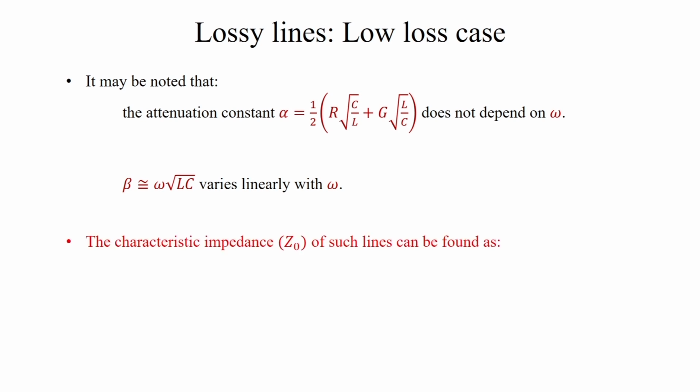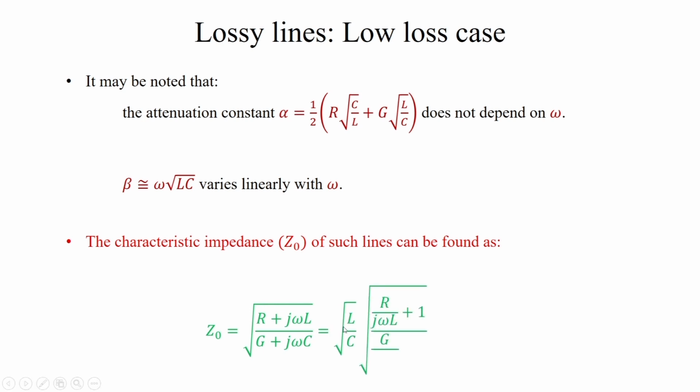The characteristic impedance Z naught for such a line can also be found out, and we write Z naught is equal to root L by C times (R by j omega L plus 1) by (G by j omega C plus 1), and this R by j omega L with respect to 1 will be very small.